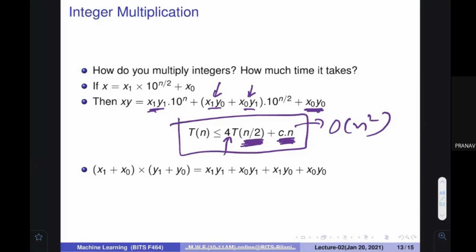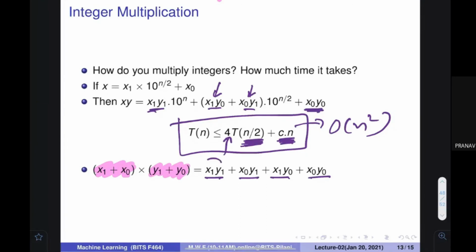So no profit. But if you analyze this, if you multiply x1 plus x0 and y1 plus y0, the multiplication comes out in this particular form: x1 y1, x1 y0, x0 y1, x0 y0.